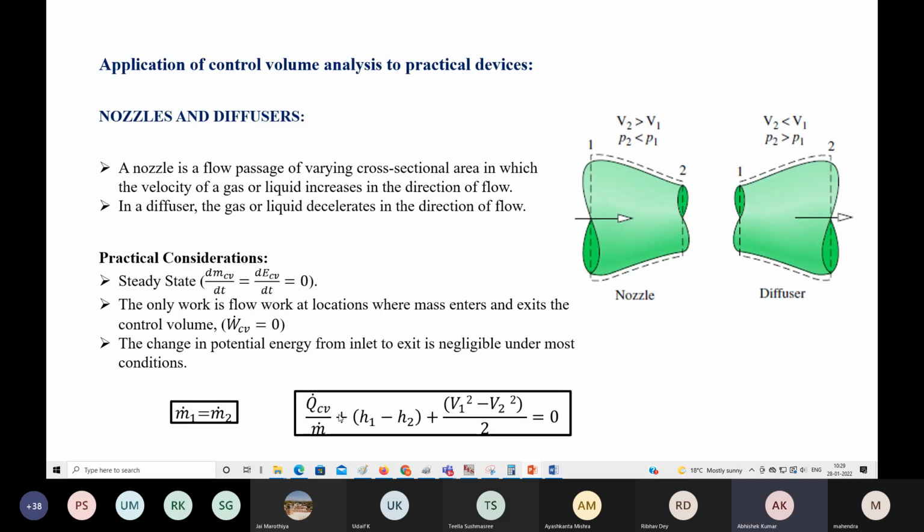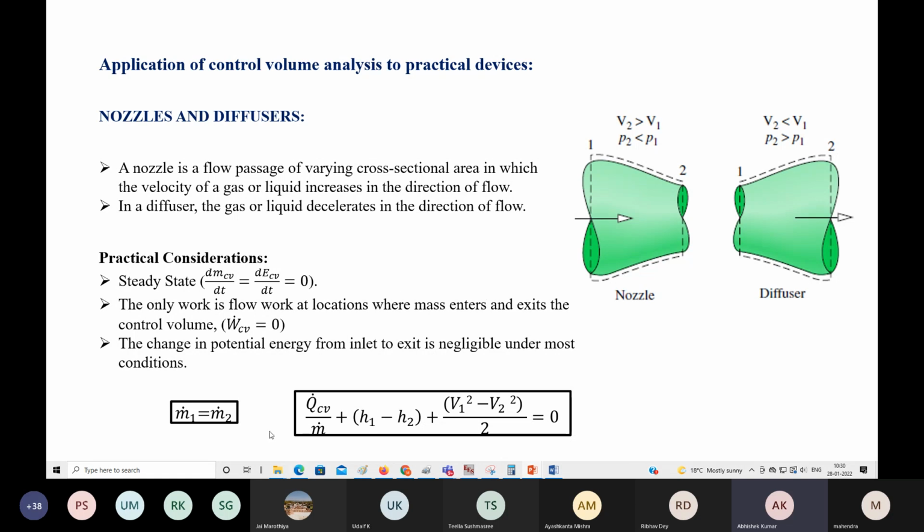So the heat term is there, the enthalpy term is there, and the velocity term is there. However, if you consider the heat term, it is adiabatic, meaning heat transfer to the surroundings is zero, so under that assumption you can make it zero. Then the velocity V2 in the case of the nozzle is a function of V1 and the enthalpy change.